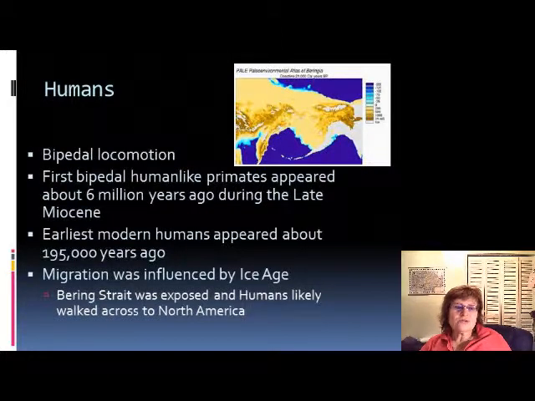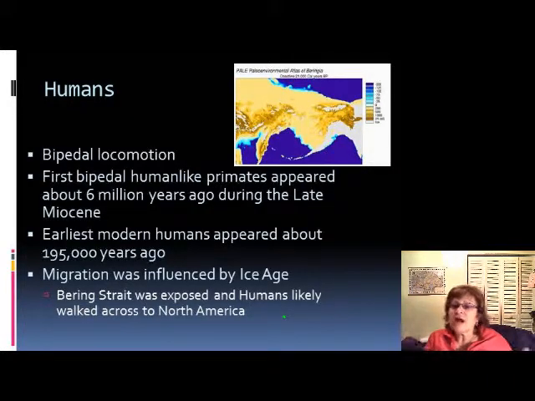And then this shows you the humans. The most important thing about becoming human is bipedal locomotion. The first bipedal human-like primates appeared about 6 million years ago during the late Miocene. The earliest modern humans appeared about 195,000 years ago. The migration was definitely influenced by the Ice Age.